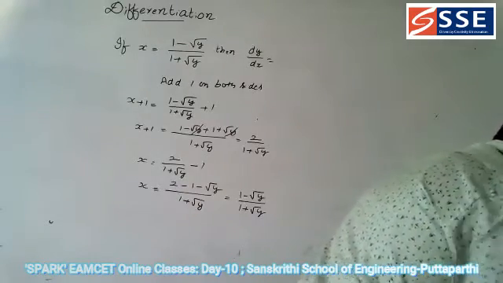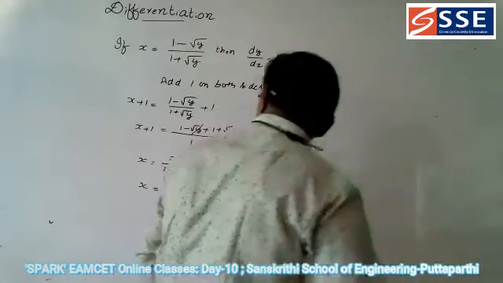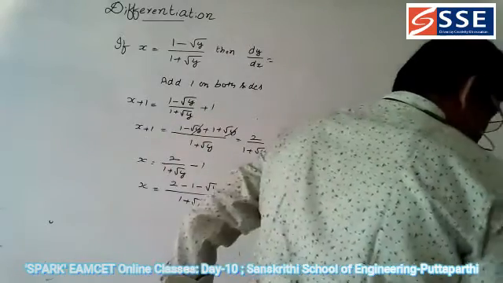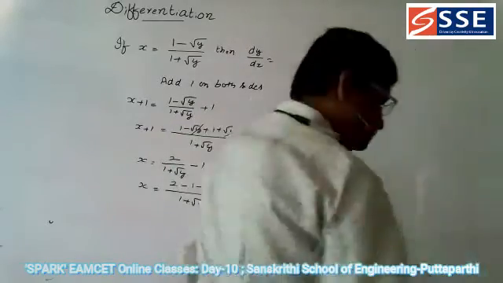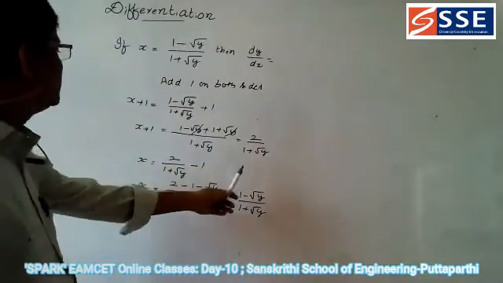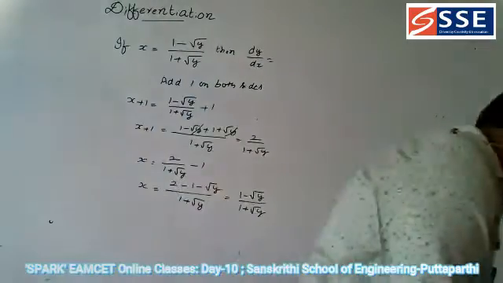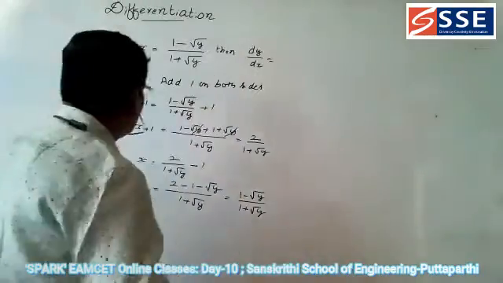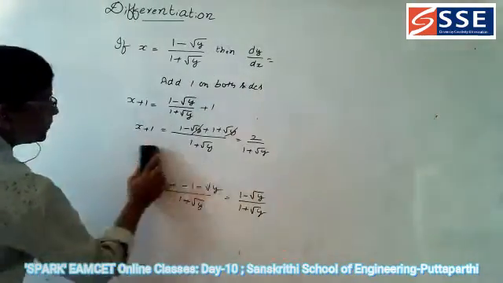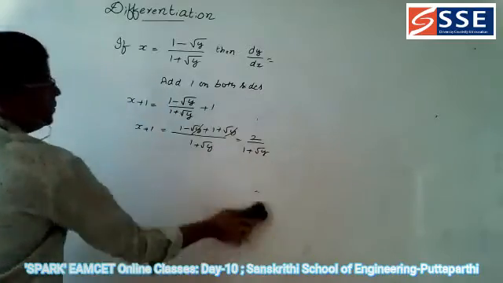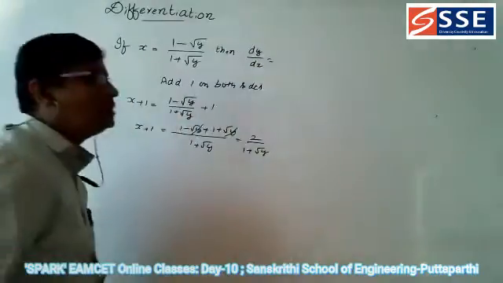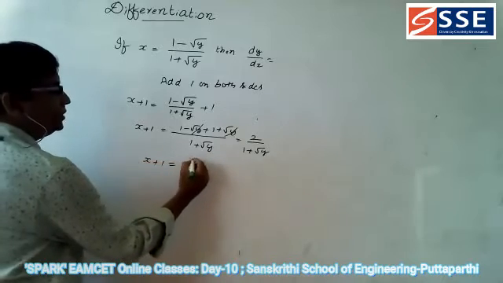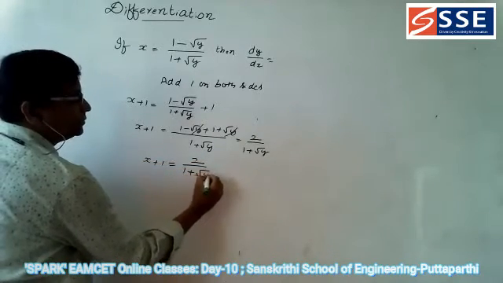Wait. 2 by 1 plus root y. So here, x plus 1 is equal to 2 by 1 plus root y. We are getting the same answer. You just see here, what you are going to get here, 1 plus x is equal to 2 by 1 plus root y.